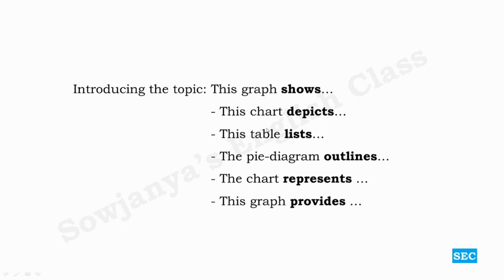If you observe these words: shows, depicts, lists, outlines, represents, provides. Every time we tend to use shows: this graph shows, the chart shows, the table shows, the pie diagram shows. We are inclined to use that particular word. These are all synonyms of shows. You can use them for variation.